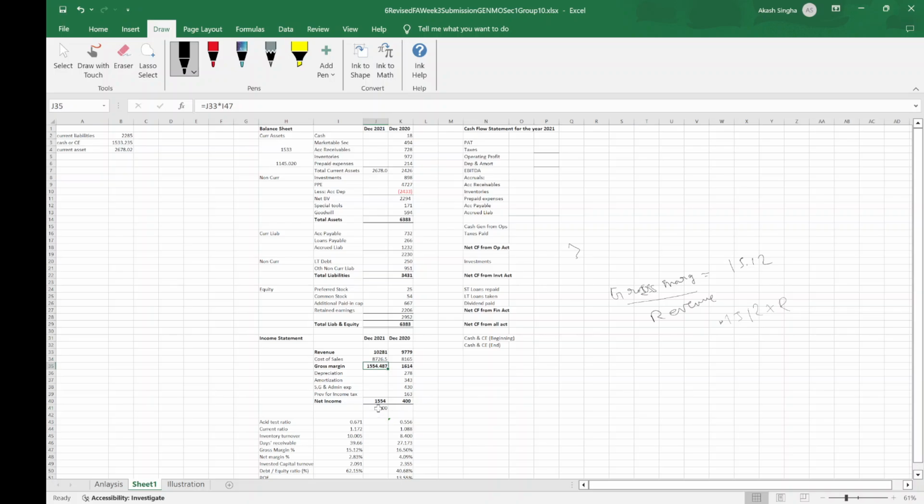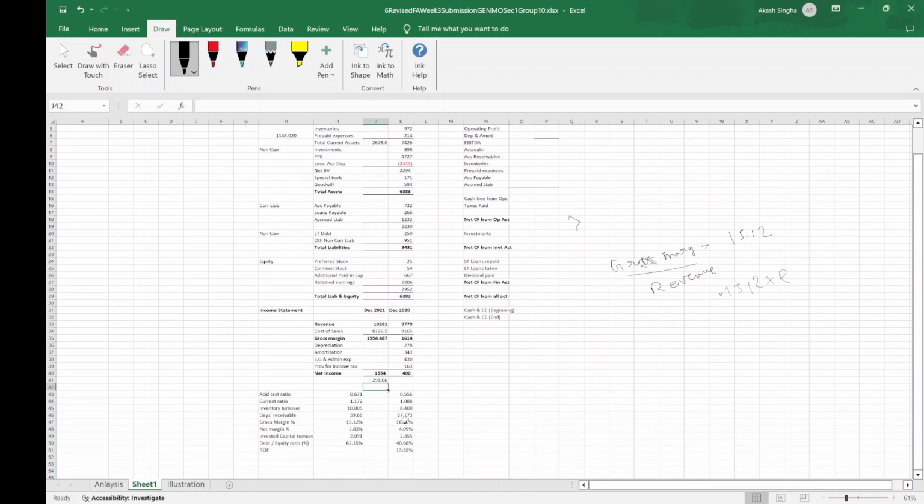Then net margin should be revenue into 2.03, what is the net margin? Yeah, this value 291.06. Okay, so this net income should be 15291, but it's now 1554. So this value should be here.